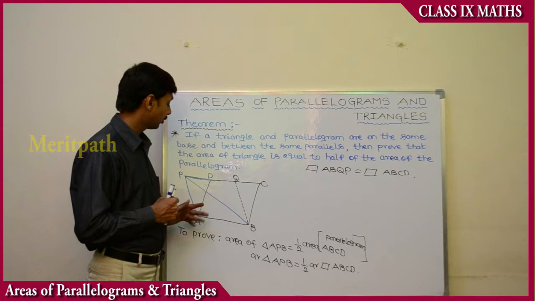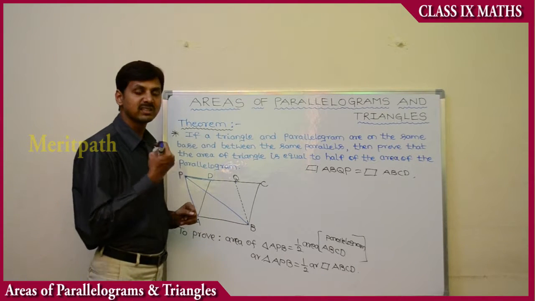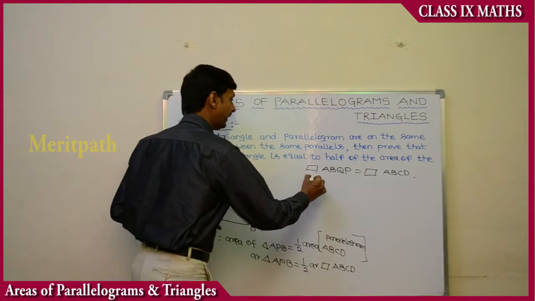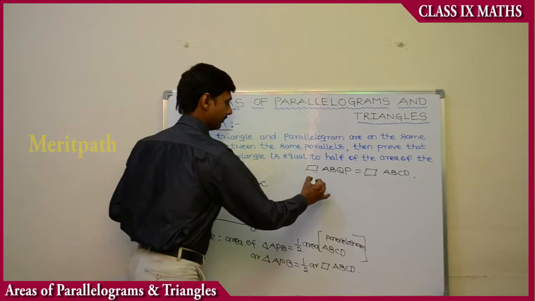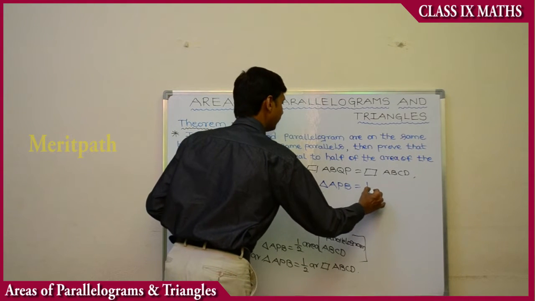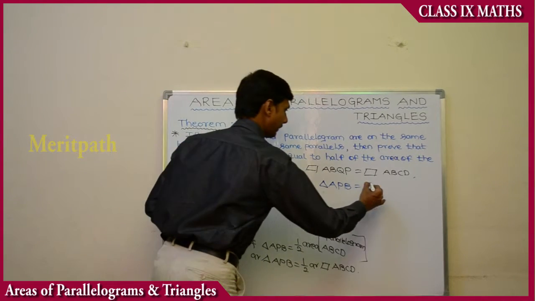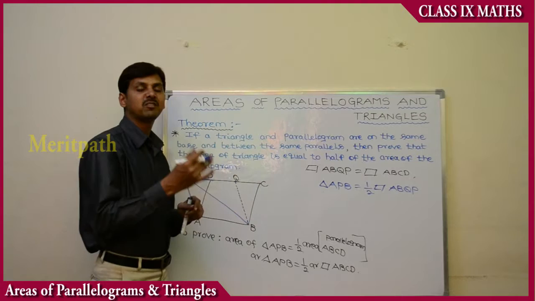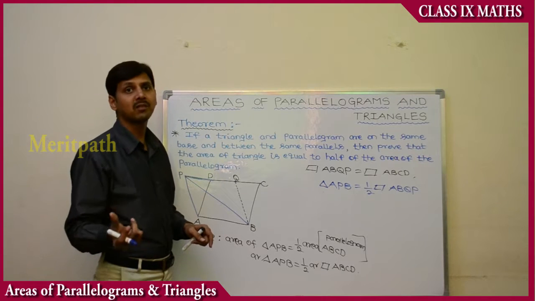So ABP and BQP are equal. Let's write that: triangle APB is equal to half of the parallelogram ABQP, because using the property of a parallelogram, it divides into two congruent triangles.